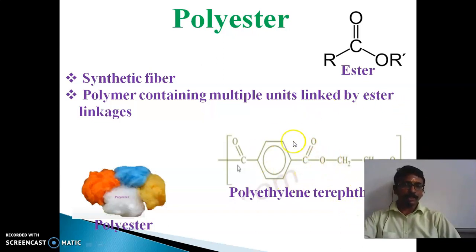Here you can see the benzene ring, and R double bond O. So this R indicates this benzene ring, and C double bond O. And R dash indicates a different alkyl group, here having CH2, CH2. So this is the polyester compound.